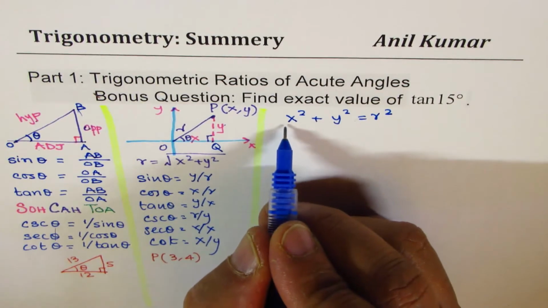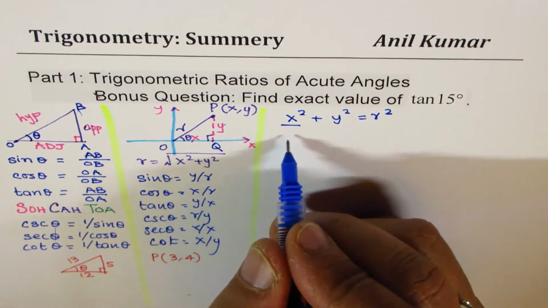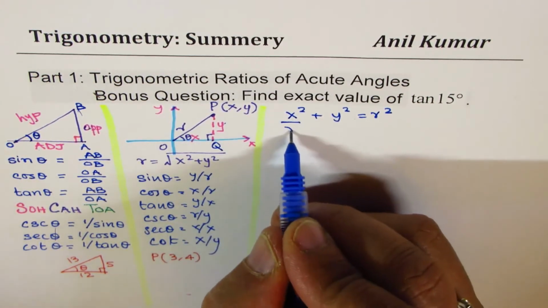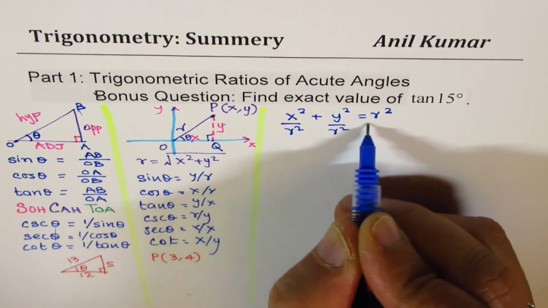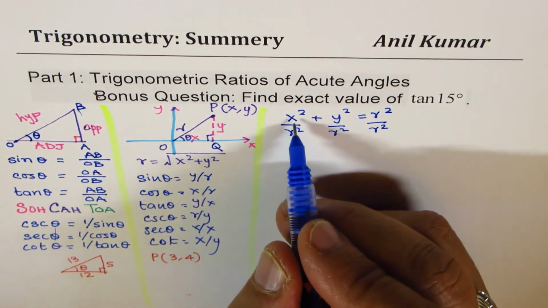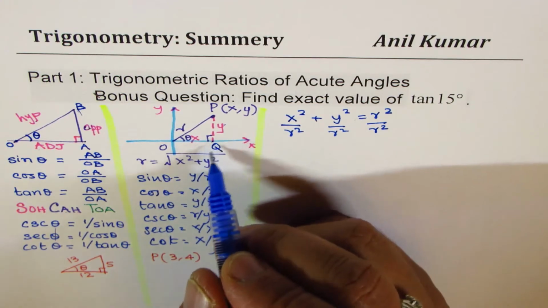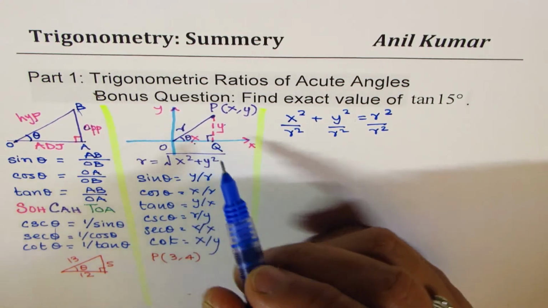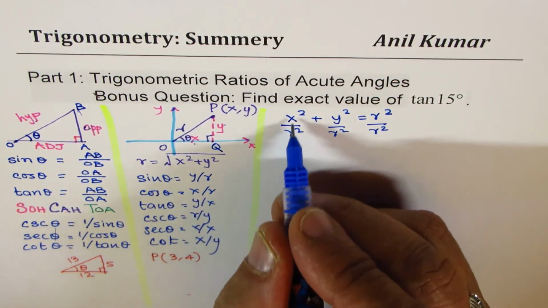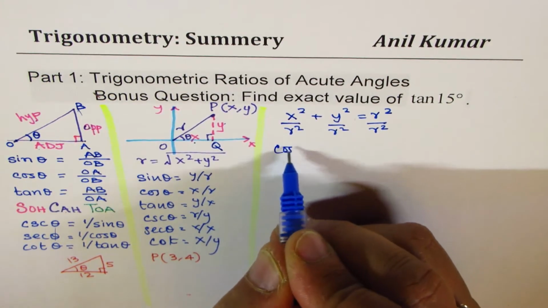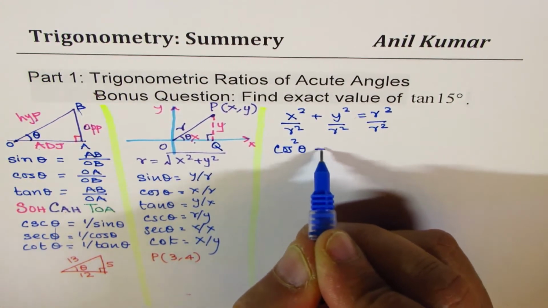Now if I divide all of them by, let us say, r square, what do I get? X over r is cosine theta. I could write this ratio as cos square theta.